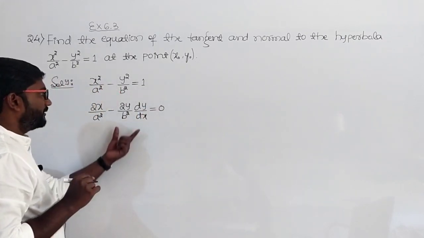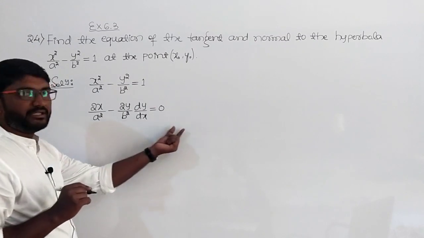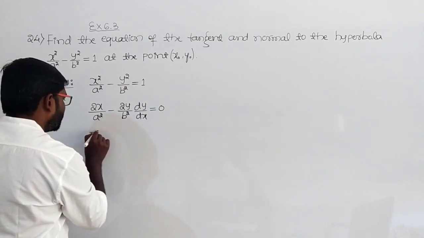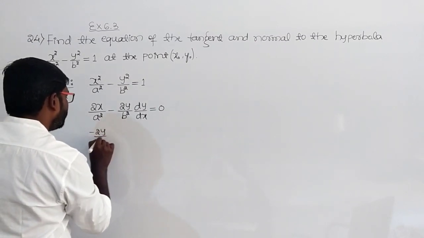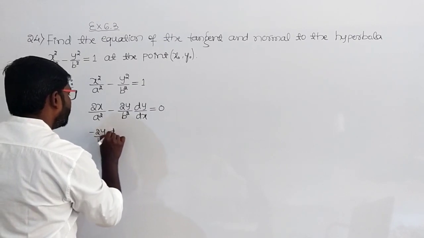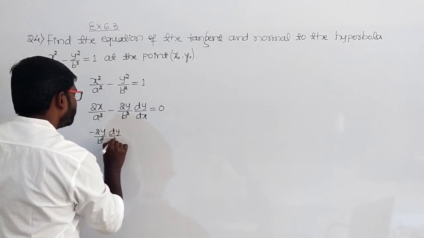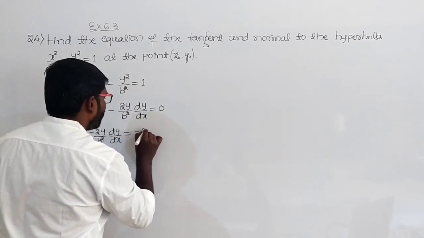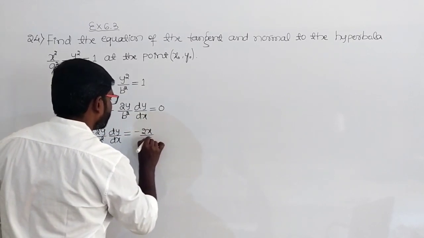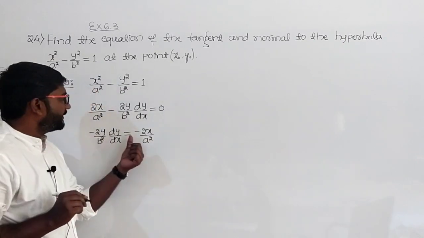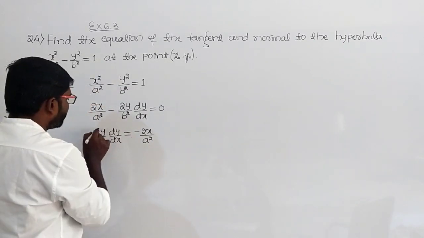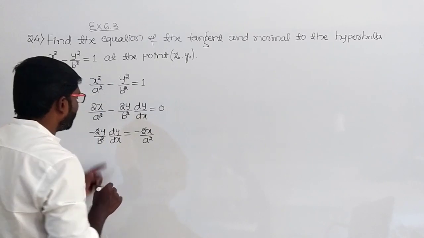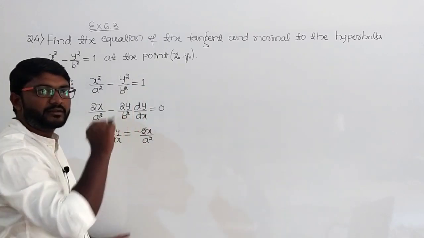Then now I take this term to the right hand side. You get minus 2y by b square into dy by dx which is equals to minus 2x divided by a square. So now minus and minus get cancelled, or else minus 2 get cancelled, and then I'll be taking y by b square to the right hand side.